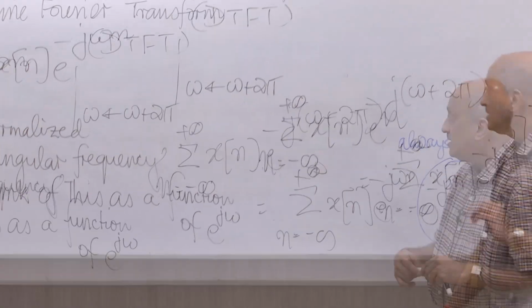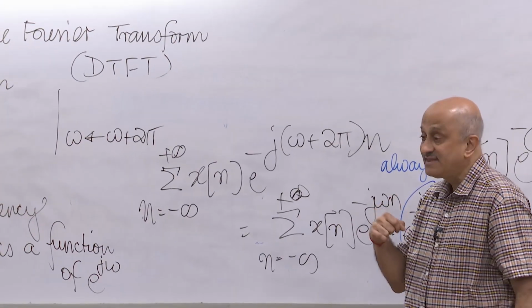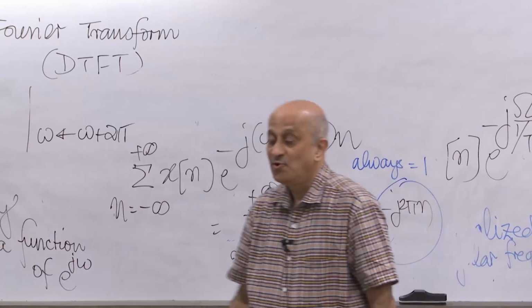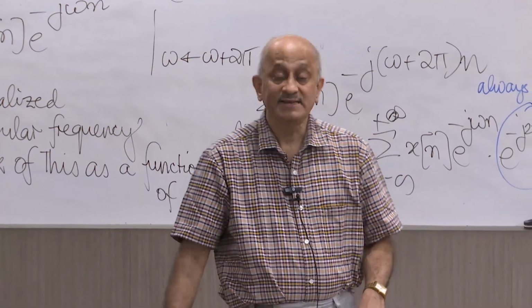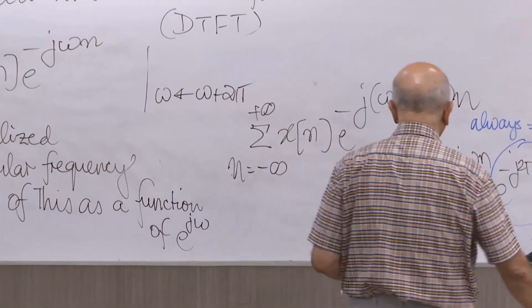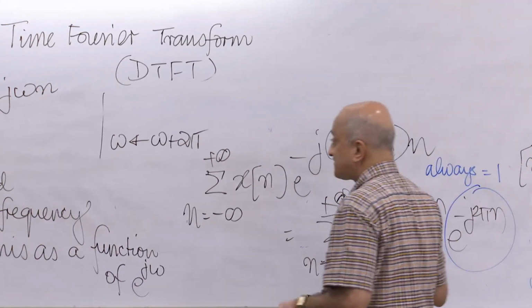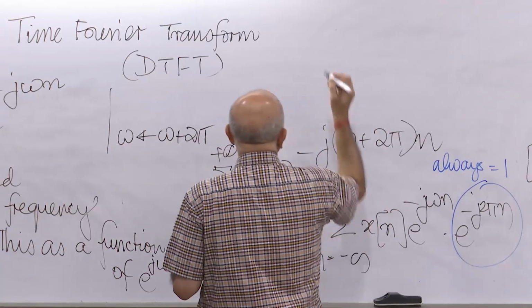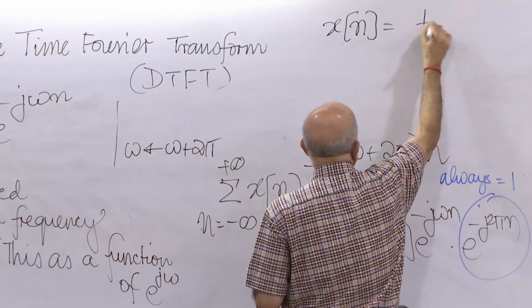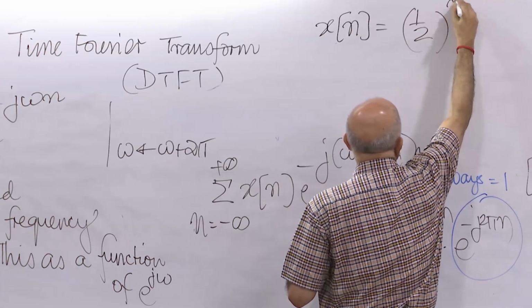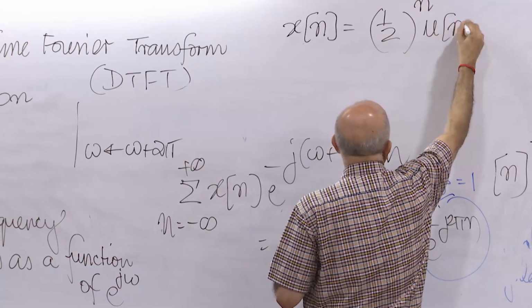Now, you see, again, we can ask the same question that we asked for the Fourier transform. Do all sequences have a discrete time Fourier transform? Well, let's see. Let's take the sequence x[n] equal to half, an exponentially decaying sequence, (1/2)^n u[n].